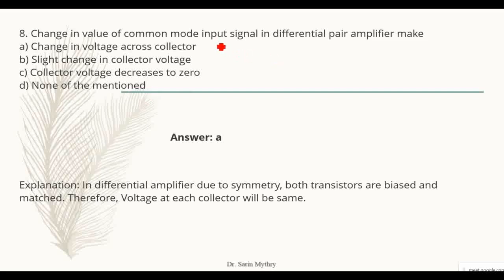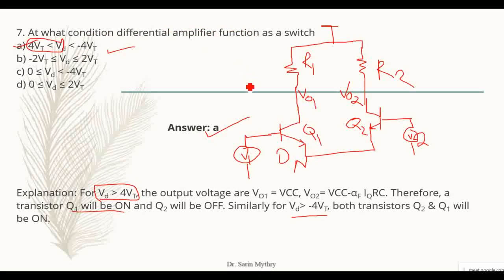See, whenever you are changing the input signals, ultimately what happens? The voltage across the collector is also being changed. Whenever the input signals have been changed, definitely you are going to get a different collector voltage. We are not biasing the circuit with the same voltage here.